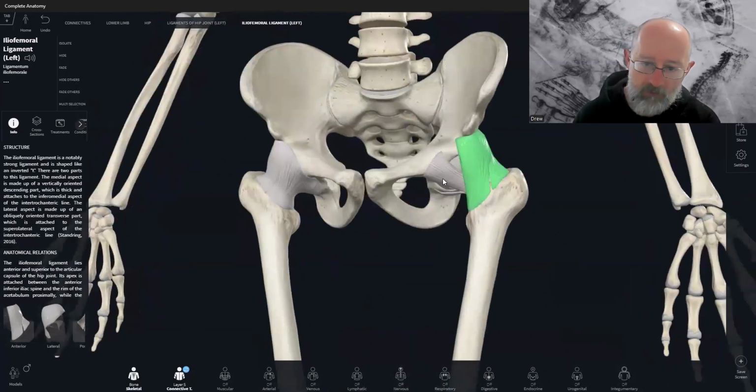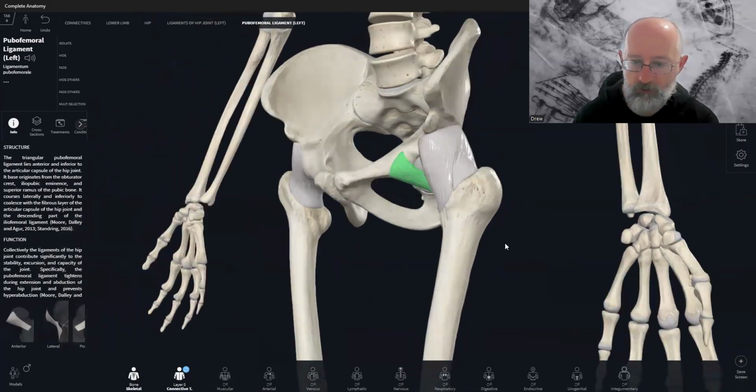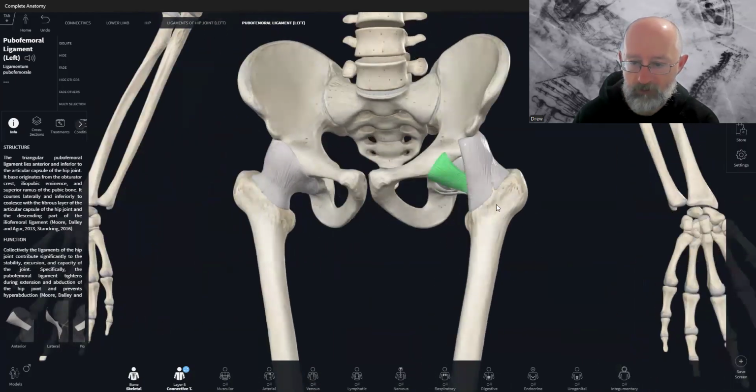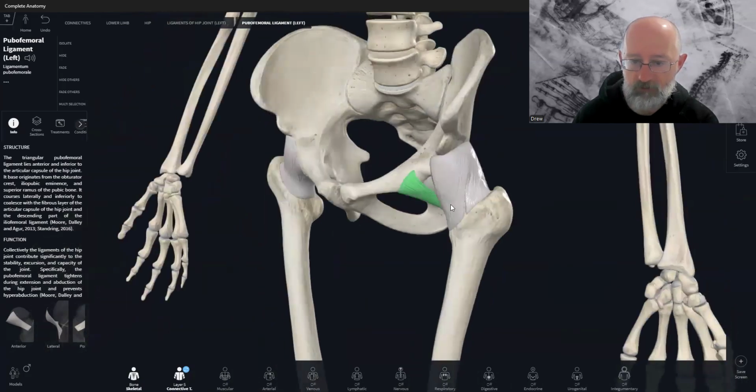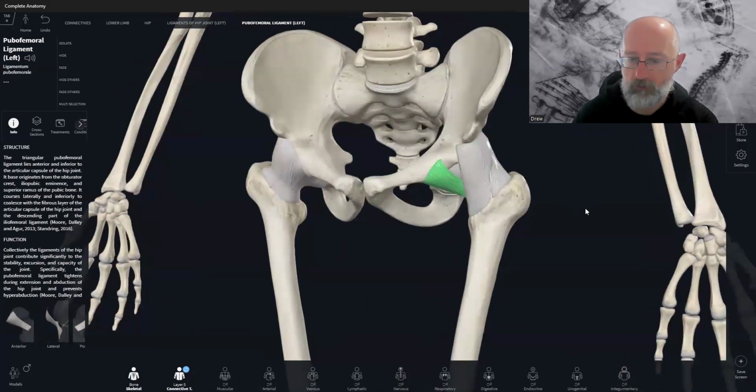And when you add the pubofemoral ligament, extension and abduction. So when you bring your leg behind you, that's going to tension that ligament, providing stability through the anterior portion of the hip joint.